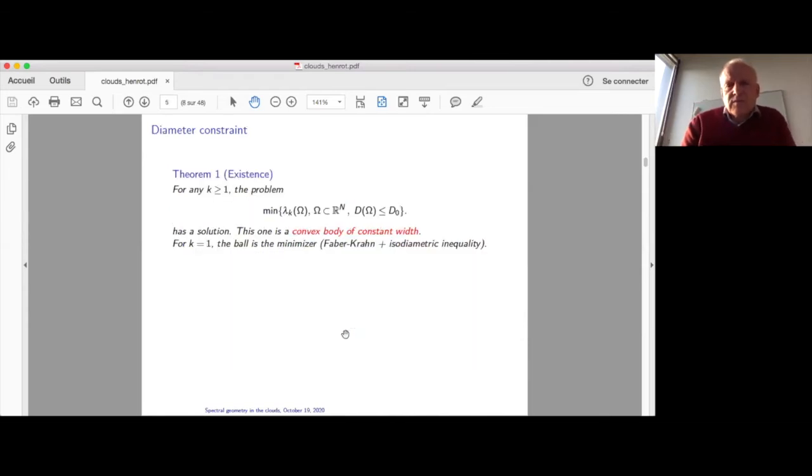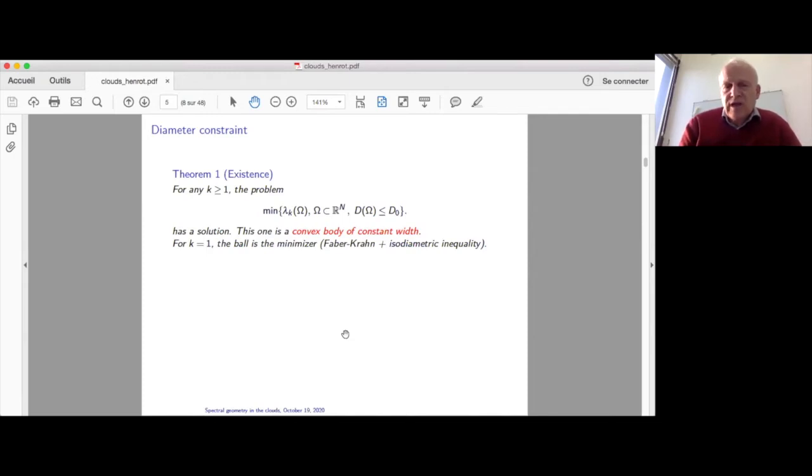Okay, so in my talk, as I said, I want to consider a diameter constraint. So I want to minimize lambda k, the kth Dirichlet eigenvalue, among domains in R^n with a diameter less than a constant d0.